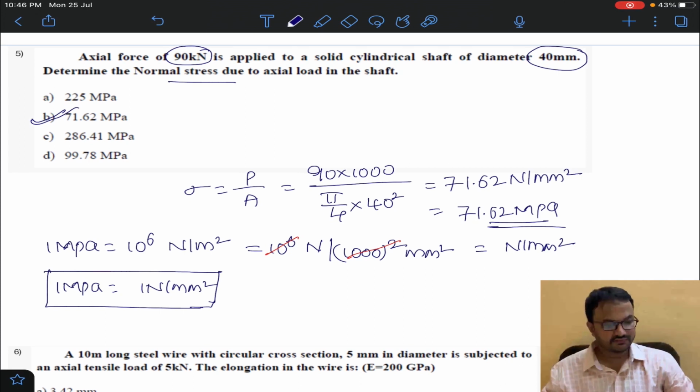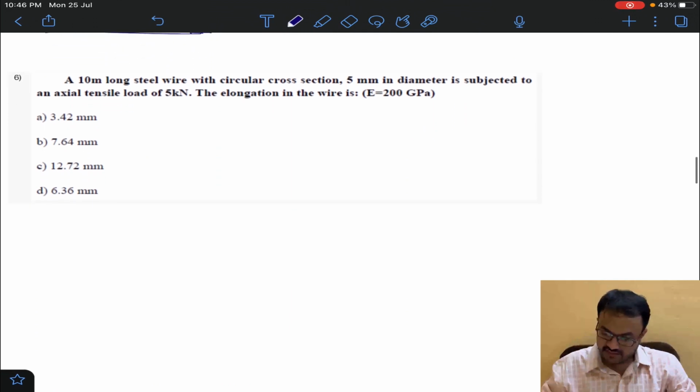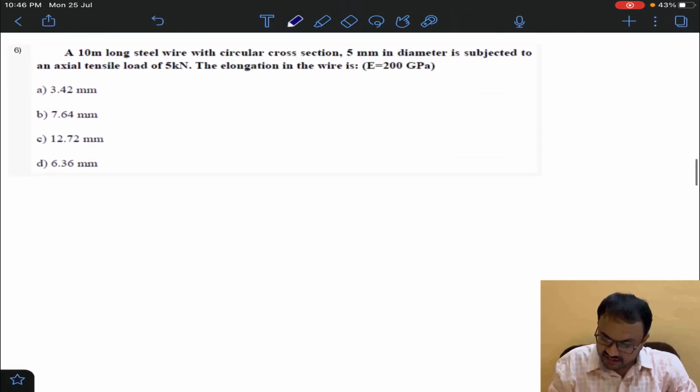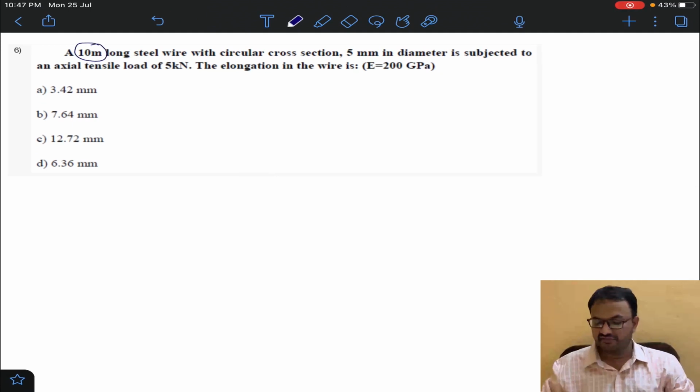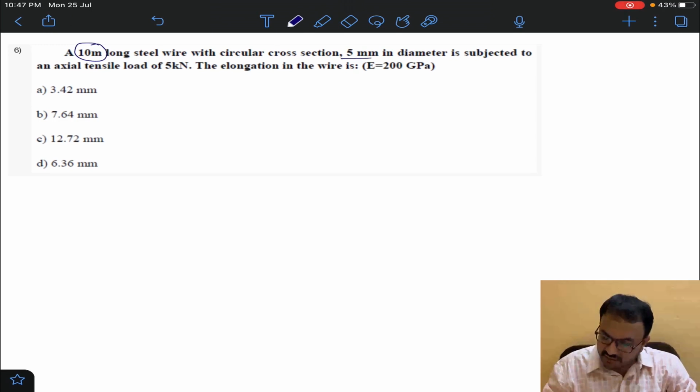And now the next question. What is the next question that he has given? It is the length of the member. He has given a 10 meter long steel wire with circular cross section, 5 mm in diameter, subjected to a tensile load of 5 kN, and the elongation in the wire is asked, where E is equal to 200 GPa.